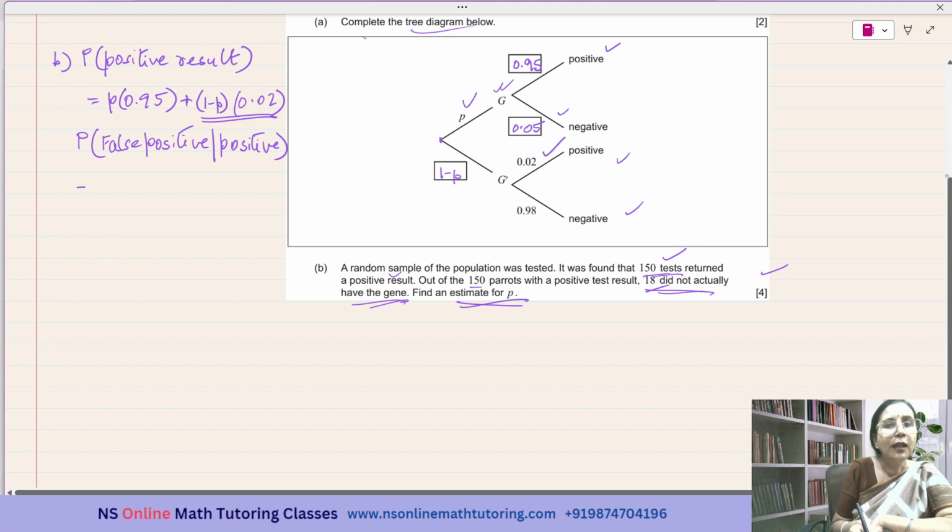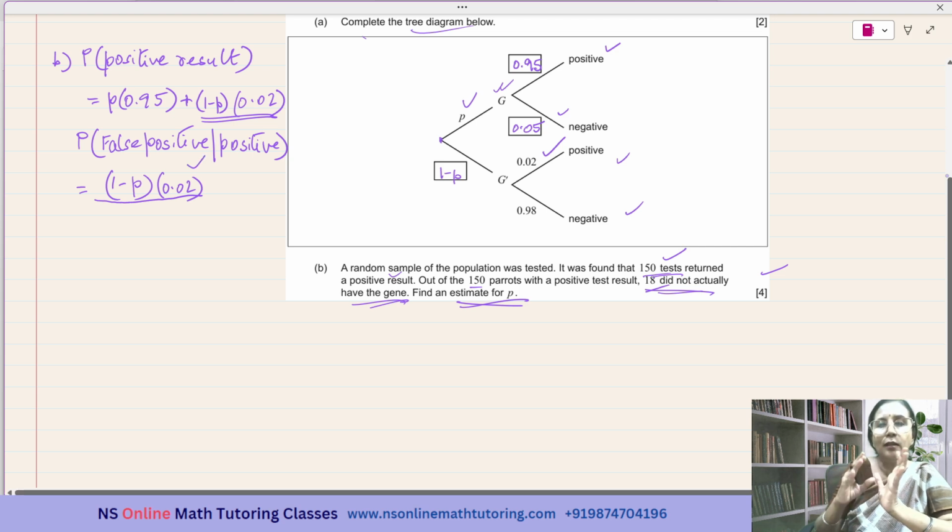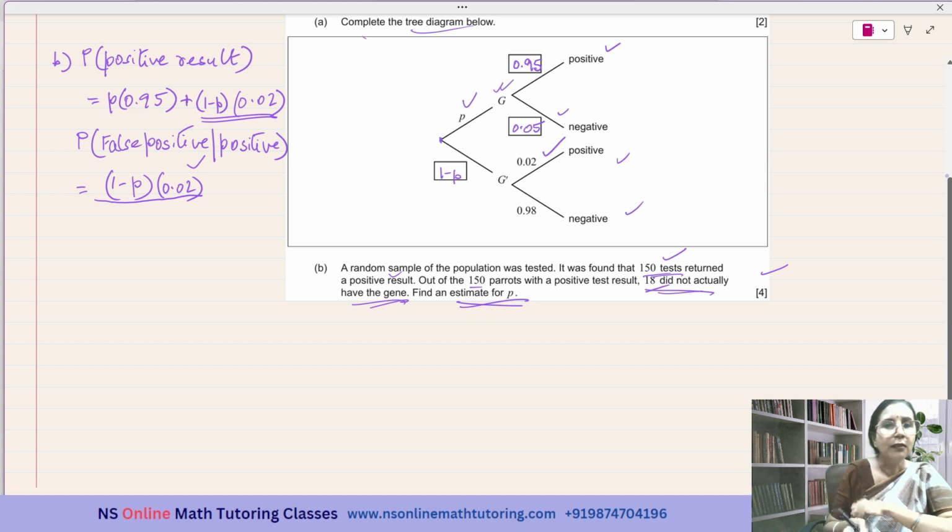And this part is the false positive part. So this will be equal to 1 minus P times 0.02 over, because the numerator will be what? Those which are positive and false positive. So the numerator is only those which are tested positive wrongly.